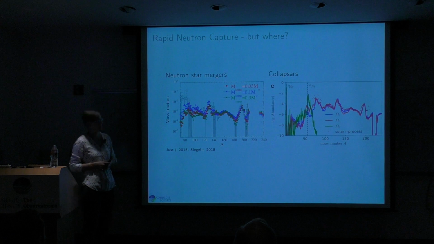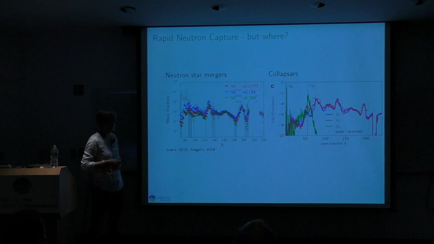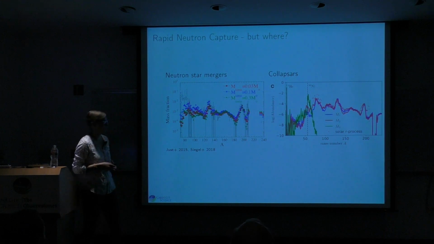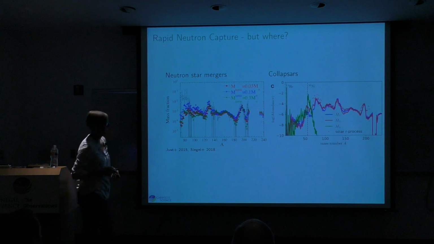But as recently as last week, we had a new contender on the market, which is the collapsars, where the Siegel et al. paper showed that these accretion disks can probably also do an r-process, which is shown over here, that at three different stages during the accretion they also get this r-process abundance pattern, compared to the sun.